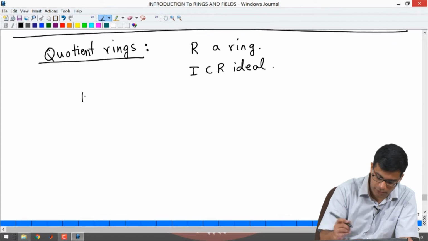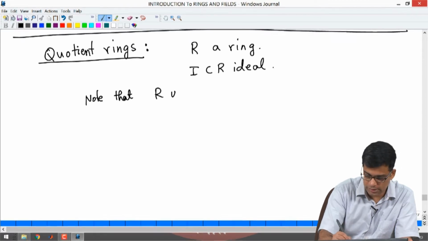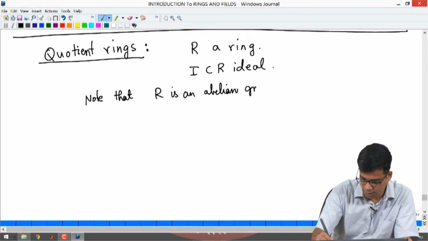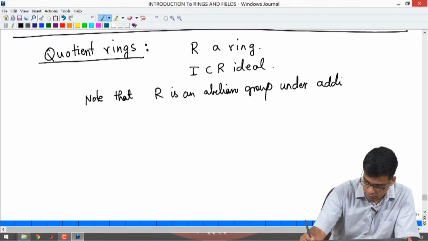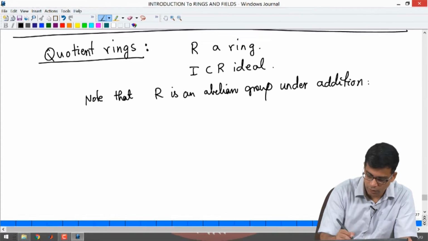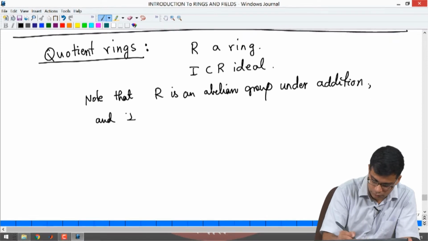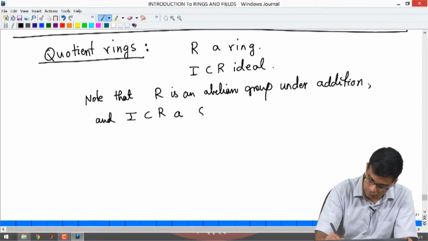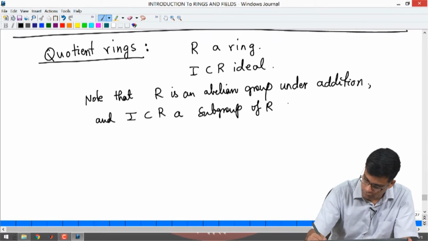Let me write first. Note that R is an abelian group under addition and I is more than a subgroup, but it is certainly a subgroup under addition.